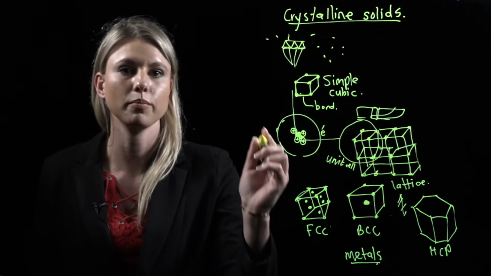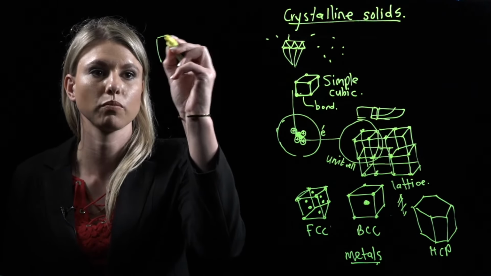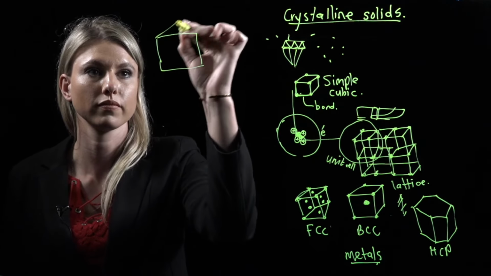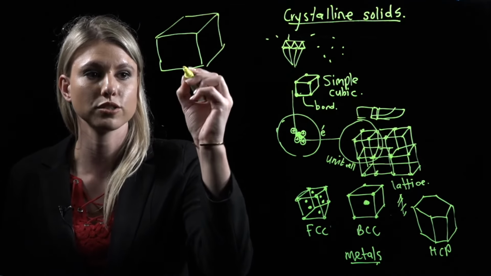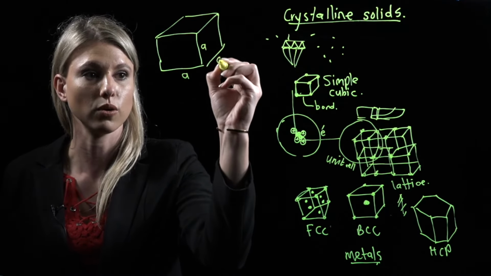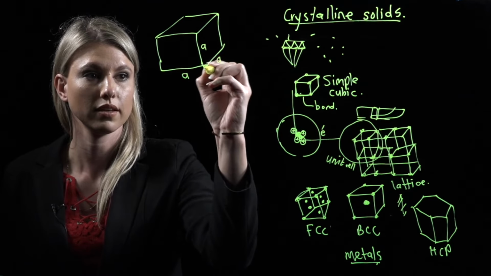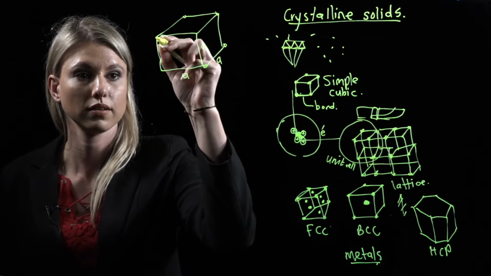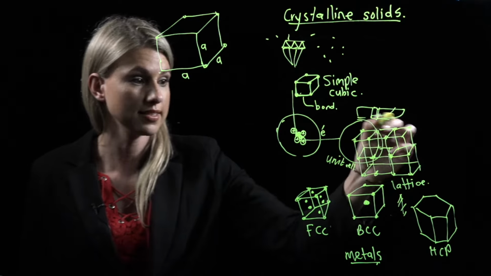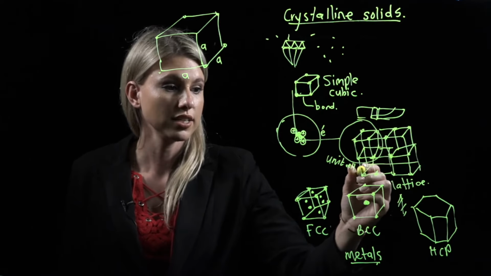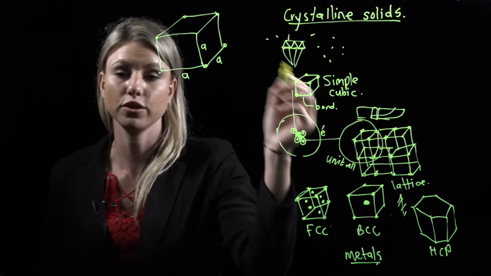So for a moment, let's go back to our simple cubic. As it is a cubic structure, the lengths are all equal. And remember, in the bigger lattice cell picture, we are actually sharing atoms with the unit cell next to it.